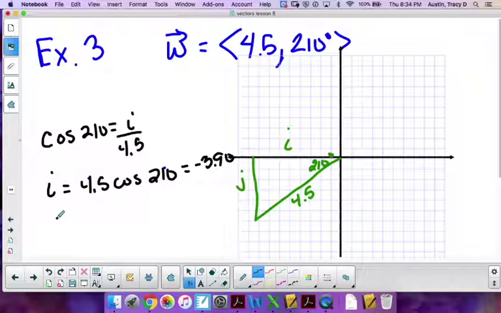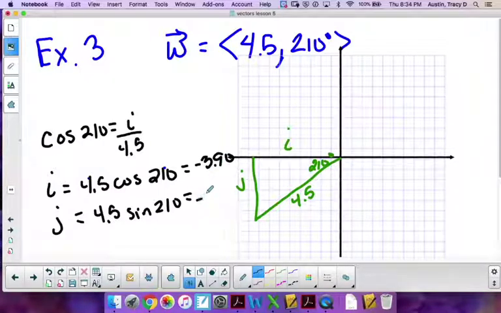All right, so j, and I'm not going to actually write out the whole thing as far as the setup, but j should be 4.5 sine of 210. And 4.5 sine of 210 is going to be negative 2.25.